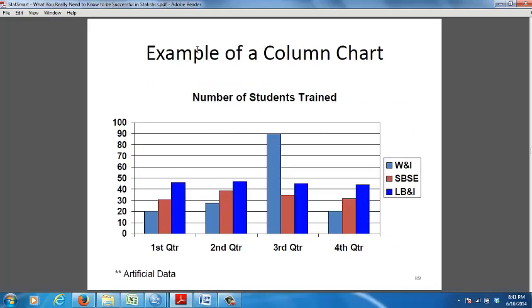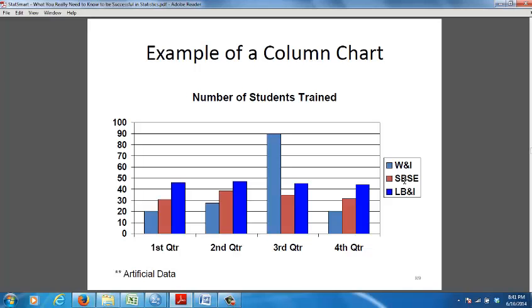Okay. Here's an example of a column chart. This is actually two dimensions. You have the quarter, which tells you when the data was collected. And you also have these different organizations in the IRS: wage and investment, small business self-employed, and large business and international. The question is how many students did you train over the last quarters.